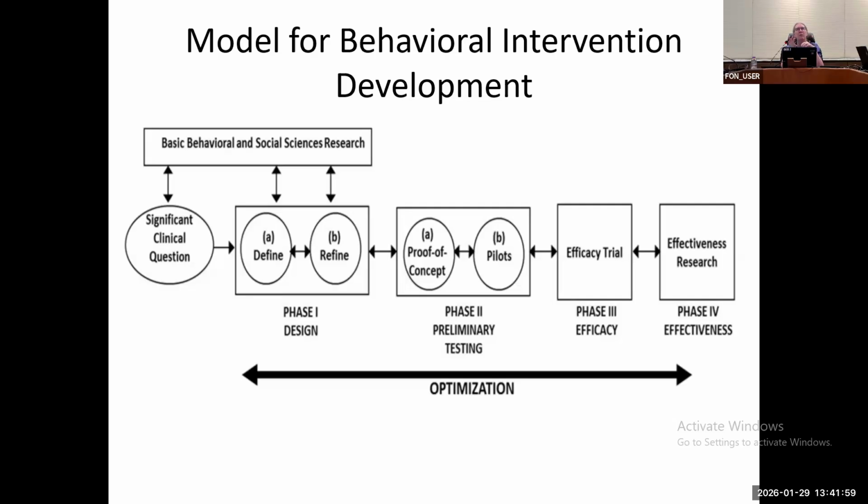Then we look at phase 2, which is preliminary testing, okay? Once we know what's in the literature, what has worked, what hasn't worked, what the gaps are, we want to do the preliminary testing of an intervention that we think might work.